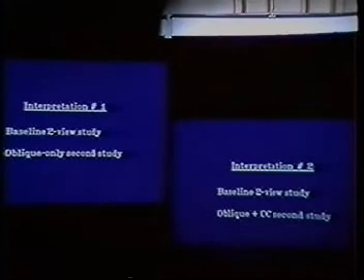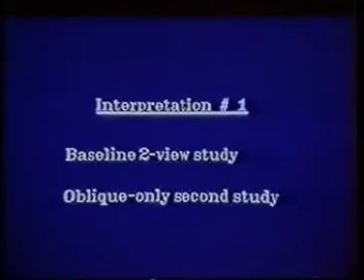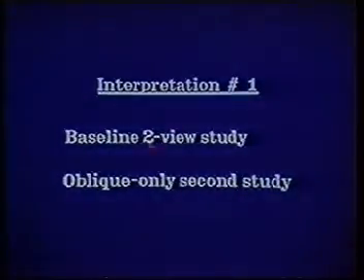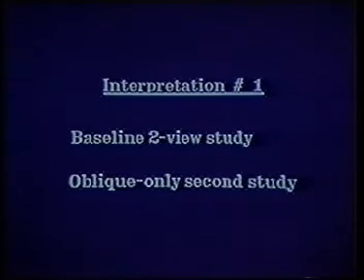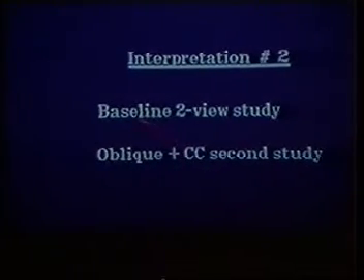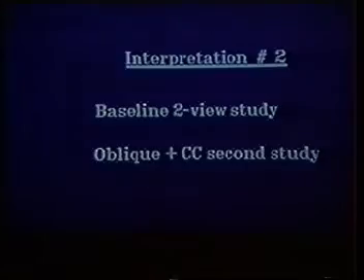Those are visual estimates. This slide didn't fall completely, but I think what you can appreciate is that in doing our interpretations, we are comparing the baseline two-view study initially with simply an oblique second study, and then later comparing the baseline two-view study with an oblique plus craniocaudal second study.